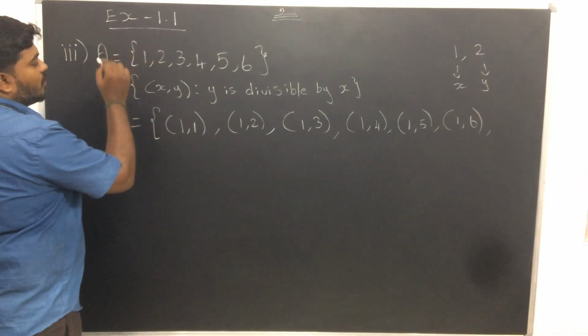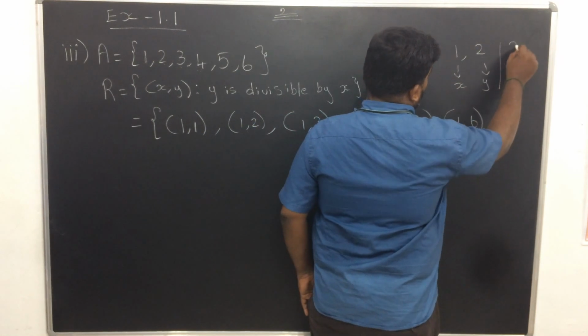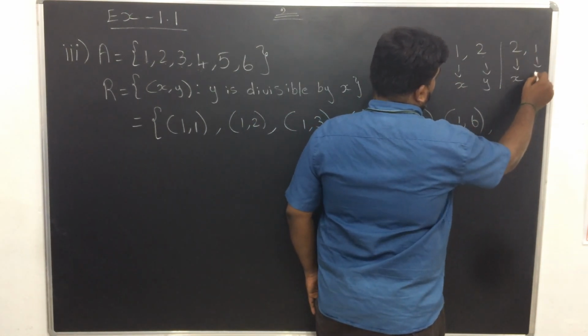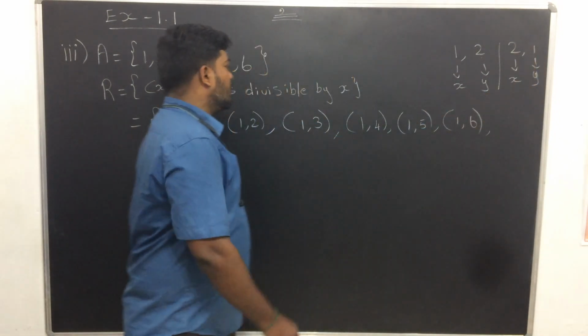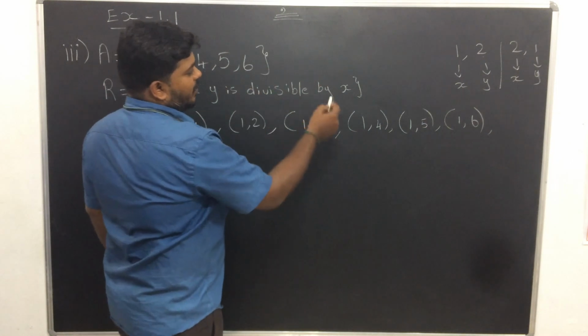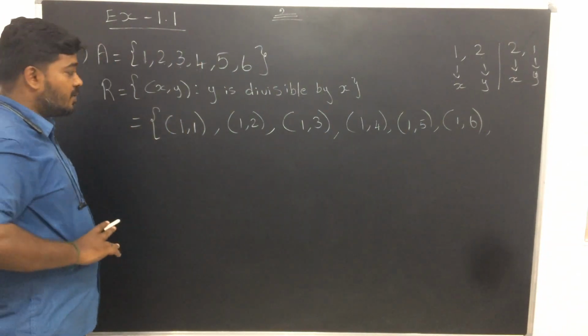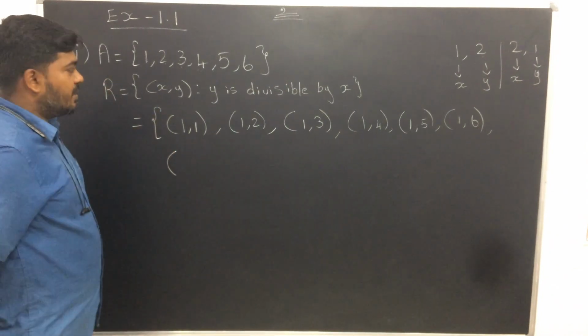So, in case of 2 comma 1, 2 will be x, 1 will be y. We have to check if 1 is divisible by 2. Is it divisible by 2? No. 1 is not divisible by 2. So, 2 comma 1 will not come in the relation.